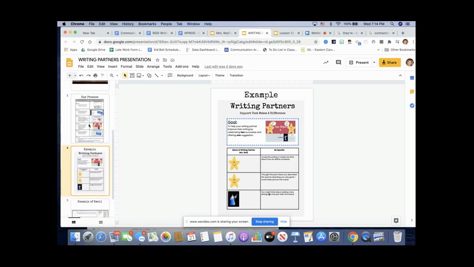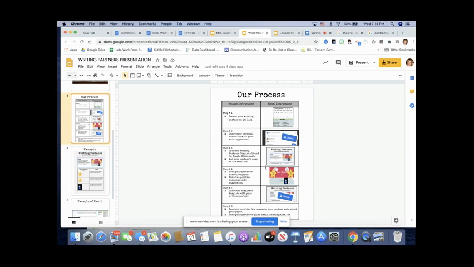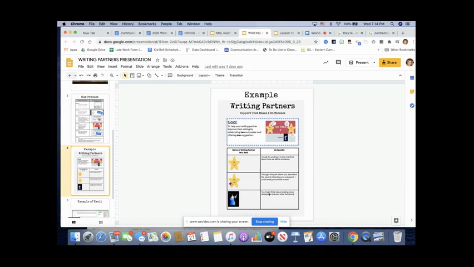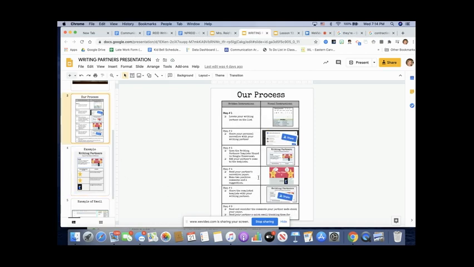So that was step 4. You are reading the paper, you're filling out the template, and then I want you to share it. So you will go ahead and share that the same way you shared your paper. You're going to share the feedback template with your partner so that they can read it.